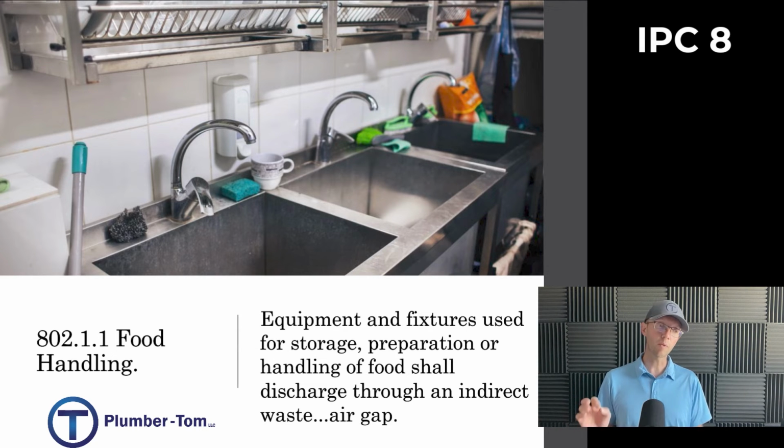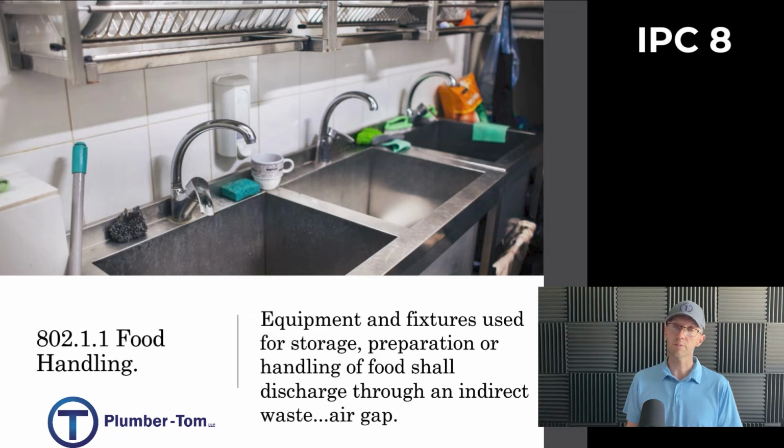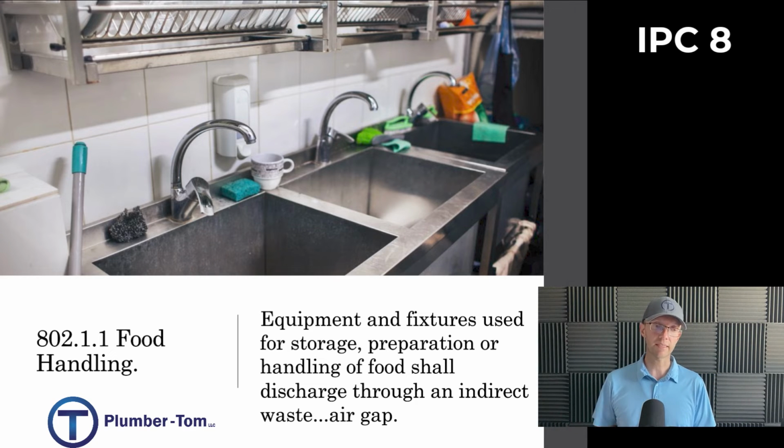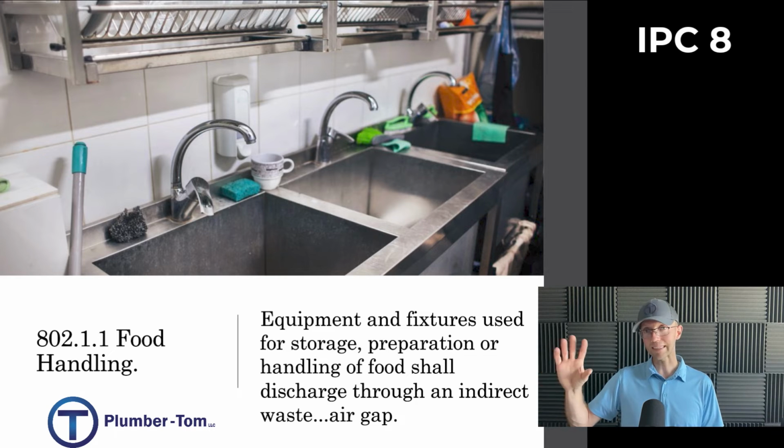So let's go to 802.1.1, and we're looking specifically again at food handling. It says equipment and fixtures used for storage, preparation, or handling of food shall discharge through an indirect waste and specifies an air gap. So here's where we start to see specific situations and what they would expect to see, which is an air gap.